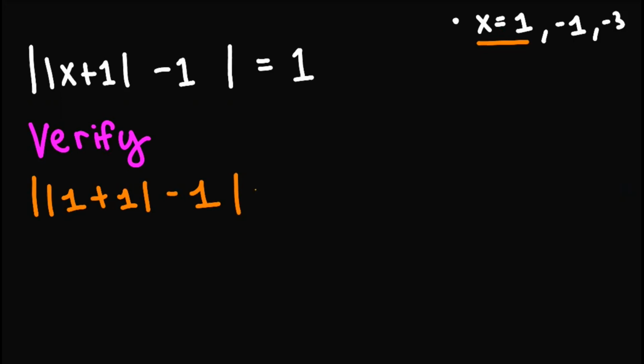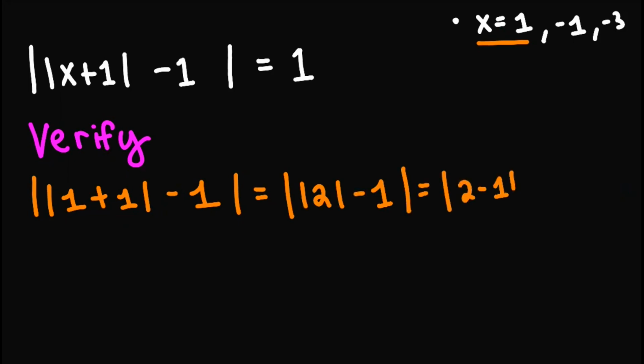And there. First, we simplify this one out here to obtain the absolute value of the absolute value of 2 minus 1. This is simply the absolute value of 2 minus 1, or simply the absolute value of 1, or simply 1. So it satisfies our equation out here. So we say that x equals 1 is a solution.